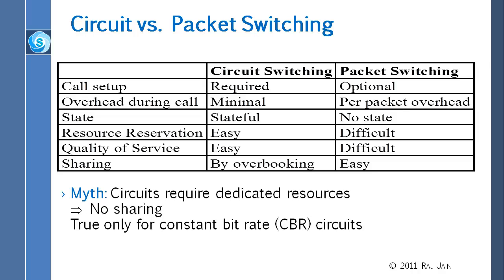Sharing is very easy on packet switching, slightly difficult on circuit switching. Now, I think this is also different from the book, because the book says that you cannot do sharing, or it says something like that. But it is possible to share here. So, for example, overbooking is what is done in the phone company or in airlines also.